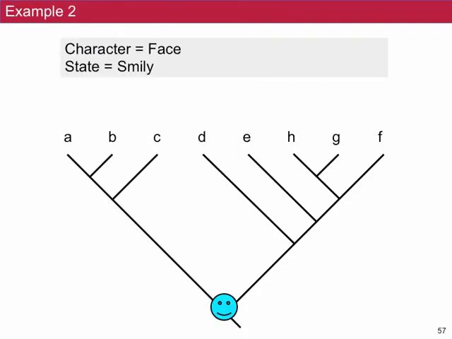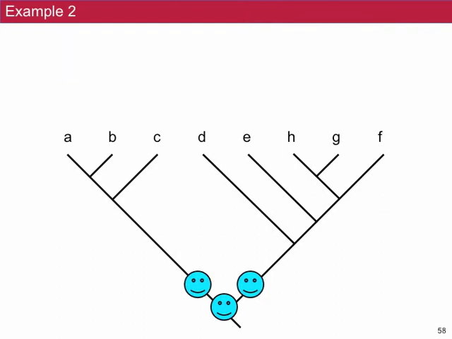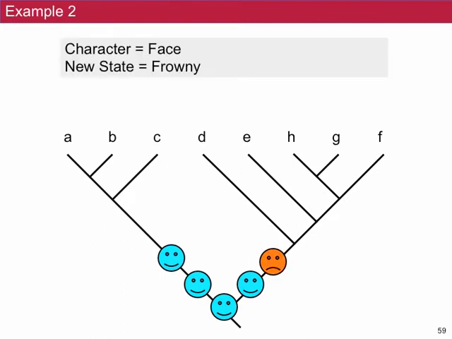So again, let's take the same tree and imagine the common ancestor had the smiley face. But imagine in one of the lineages at some time there was a mutation, like in that lovely bunny video that everybody saw, where eventually, again, we're not showing all of evolution here, eventually this frowny face took over the population here.